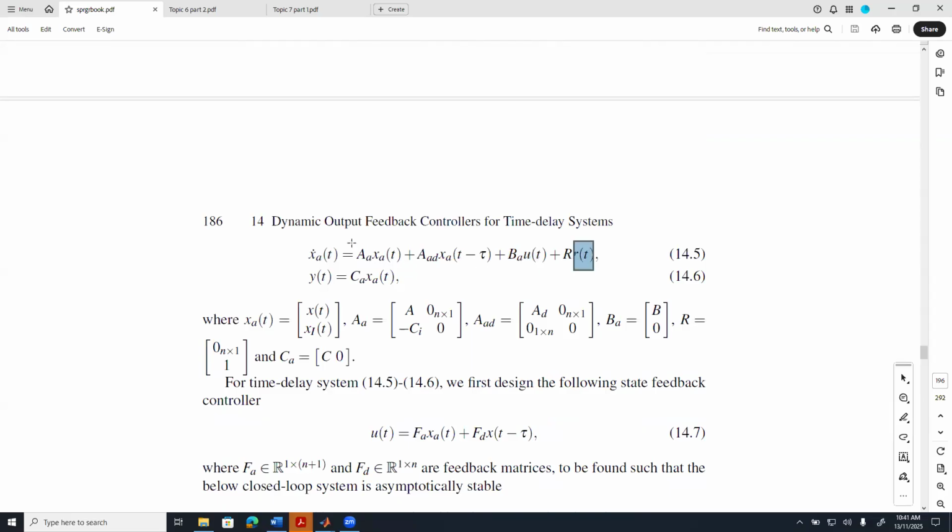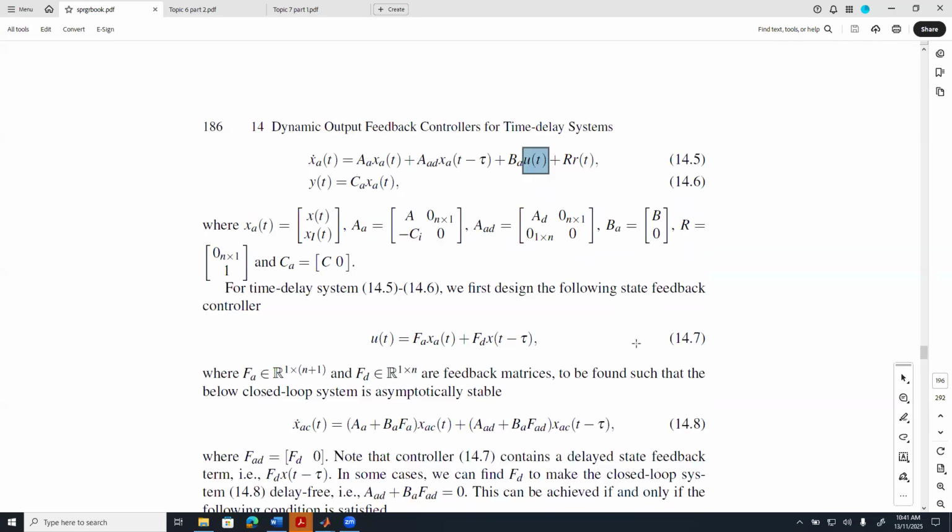And these matrices, I, and all of that stuff, they have a higher dimension and they are defined according to the following. All right, so if we just concentrate on this particular system itself, then the idea of stabilization or output tracking is to find a feedback control law u(t) such that the system is stable.